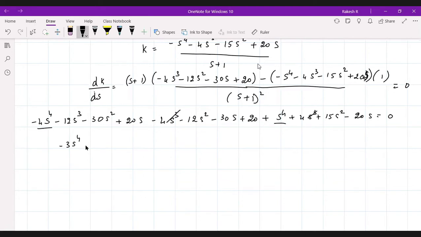That becomes minus 12s cube, and for square, 30, 12 and 15, we will be getting 27s square, and then 20s minus 30s and minus 20s. Minus 20 and 20 cancel. That is minus 30s and then plus 20, is equal to 0. This is the equation we have got.